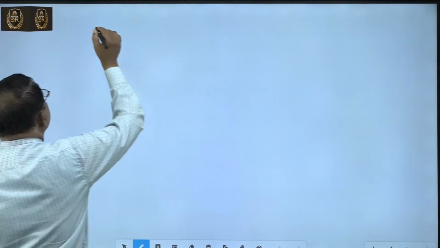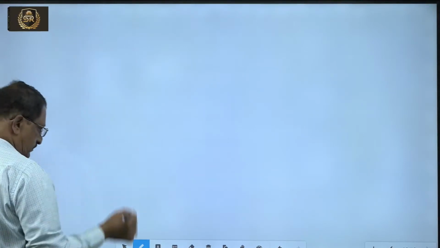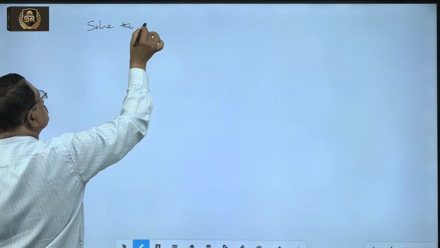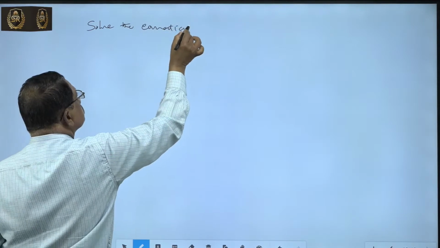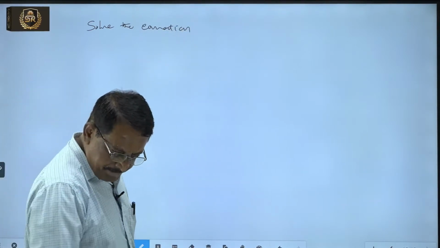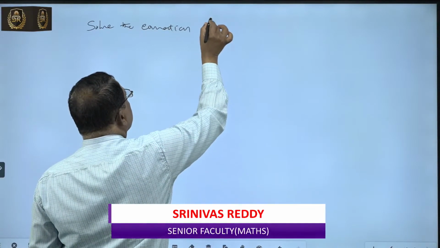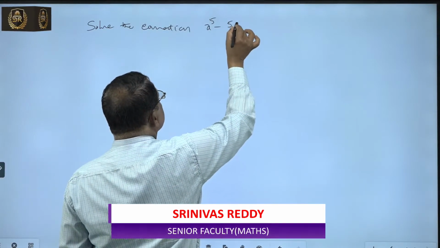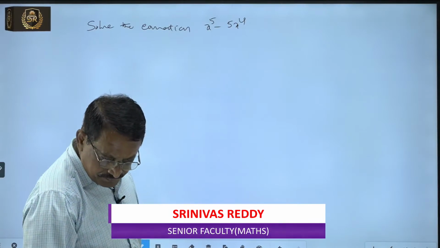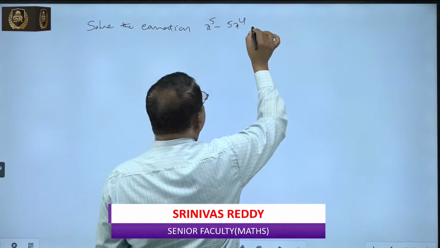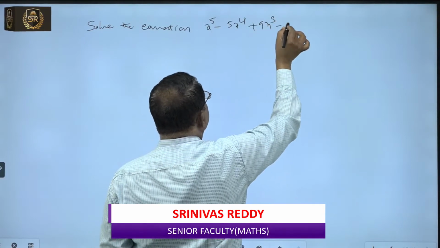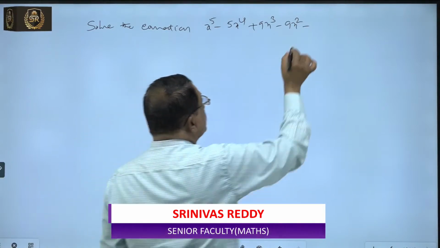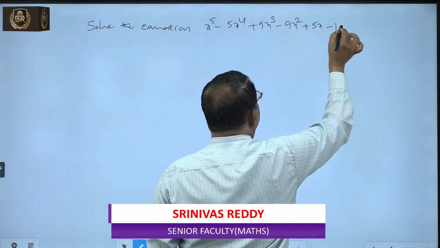Next, solve the equation x to the power of 5 minus 5x power 4 plus 9x cube minus 9x square plus 5x minus 1 equals 0.